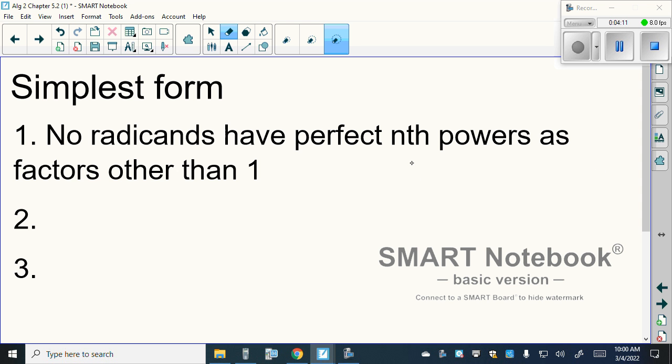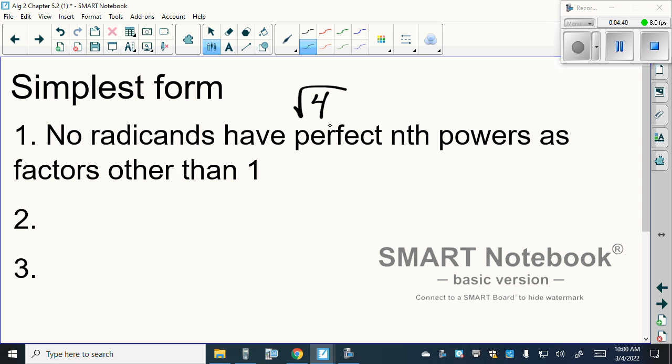No radicands have perfect nth powers as factors other than 1. Essentially, I can't leave it as the square root of 4. If we can reduce whatever's inside the radical, we need to.